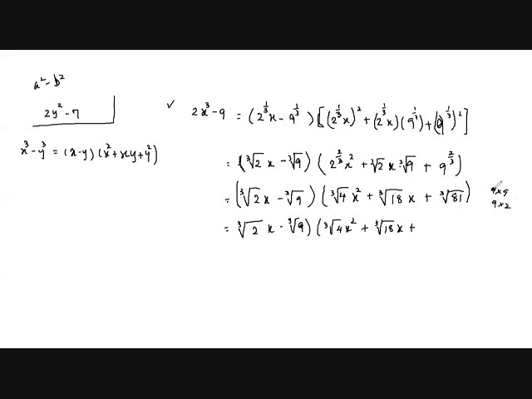Plus this one, because 81, we can take 3 out, right? And cube 3, we leave 3 and the root. Okay, so this one should be our final answer, right?